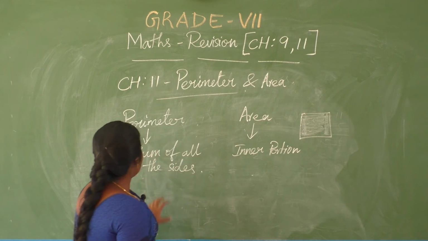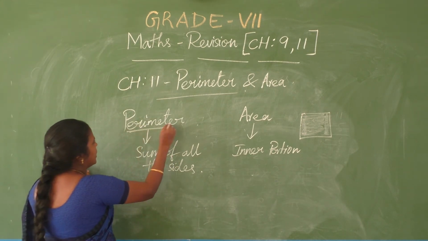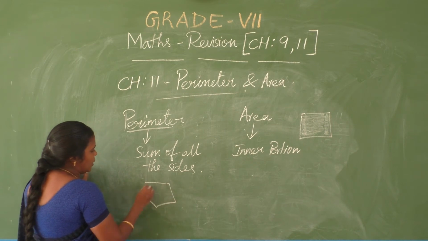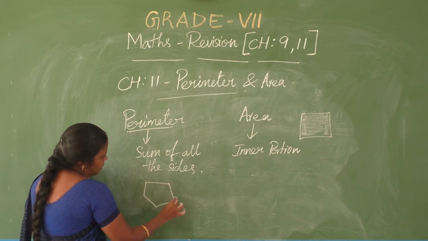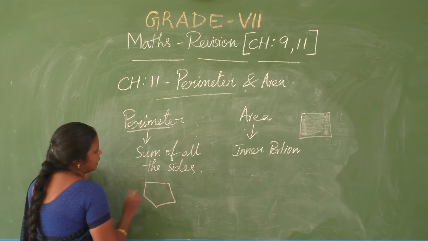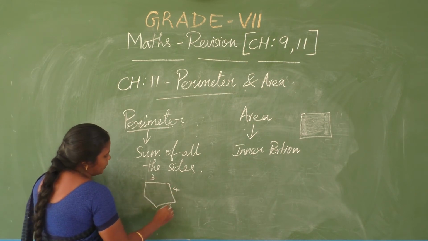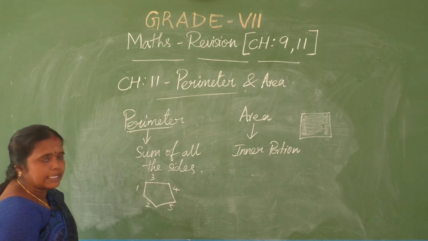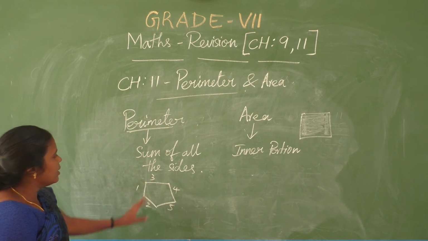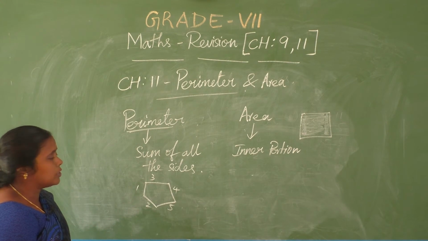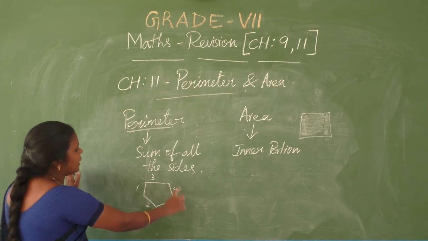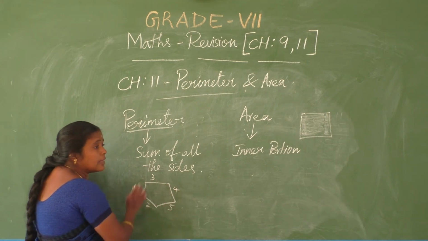Clear? See, generally perimeter means the sum of all the sides. For example, I have taken a polygon with sides 3 cm, 4 cm, 5 cm, 2 cm, 1 cm. What is its perimeter? How do you find its perimeter? Boundary length, nothing but the sum of all the sides.